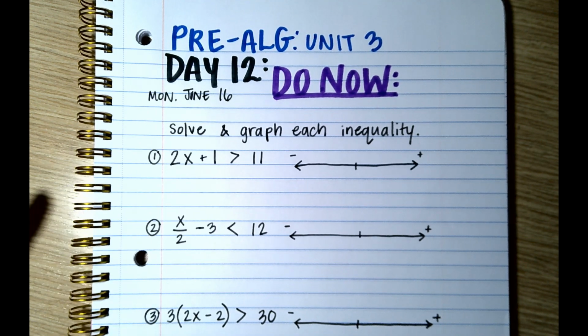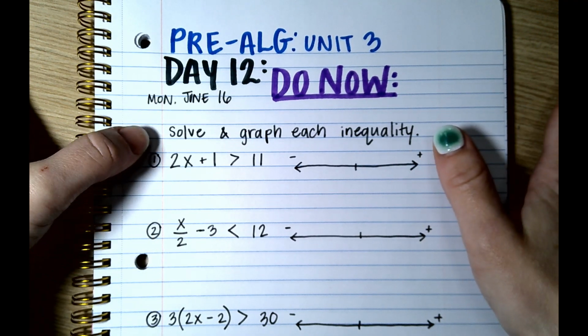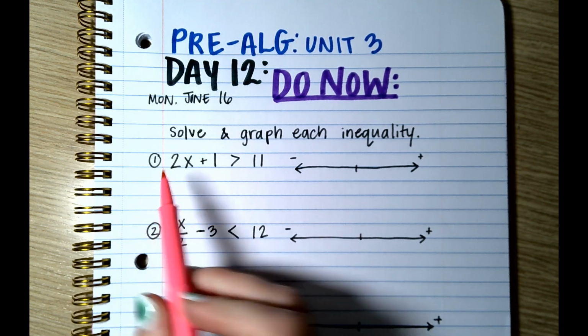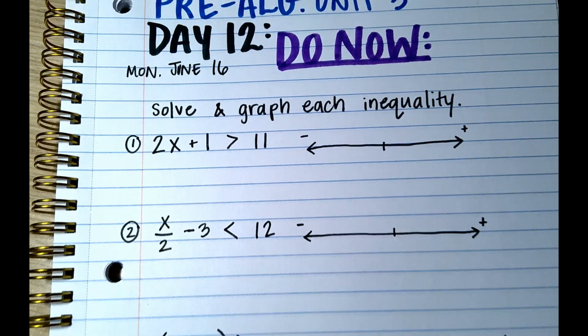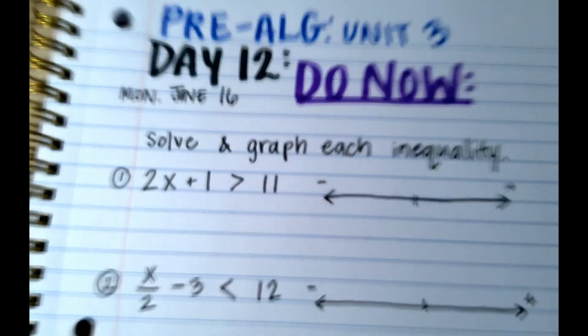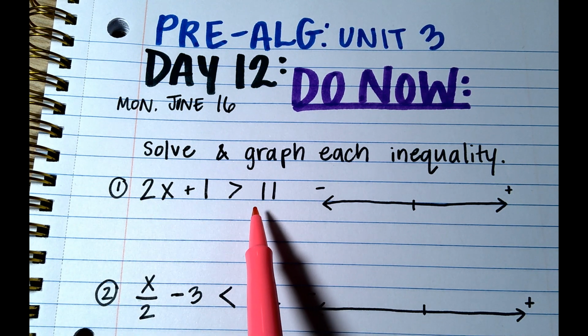But today, we are reviewing inequalities. Okay, this is another one. You added something. So let's start with number 1. And number 1, we have 2x plus 1 is, what's this sign? Greater than.